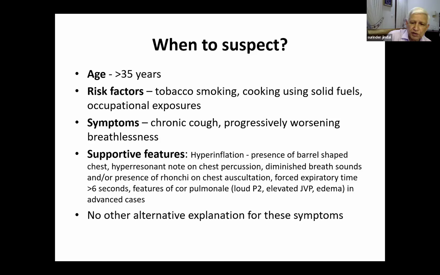Hyperresonant note on chest percussion, diminished breath sounds. All these signs, typical of emphysema, may be seen, but in early stages they may not be present. And if we do not find any alternative explanation for these symptoms, then we suspect COPD. Next.